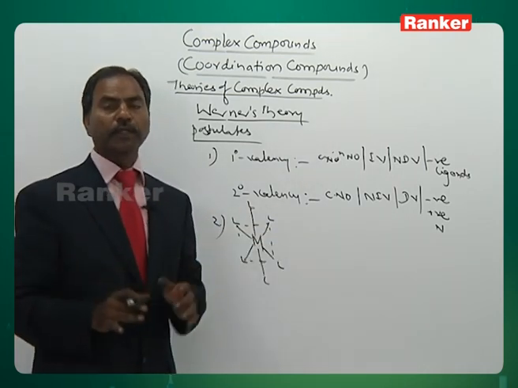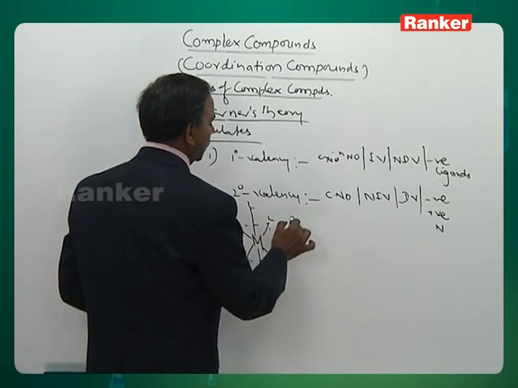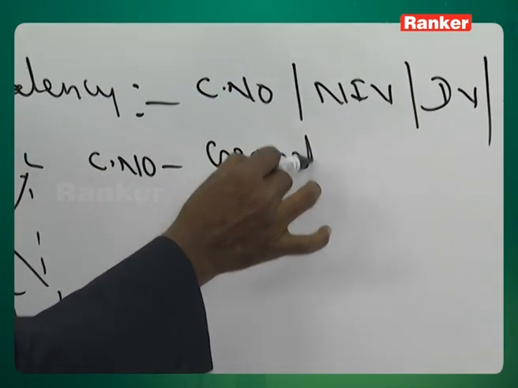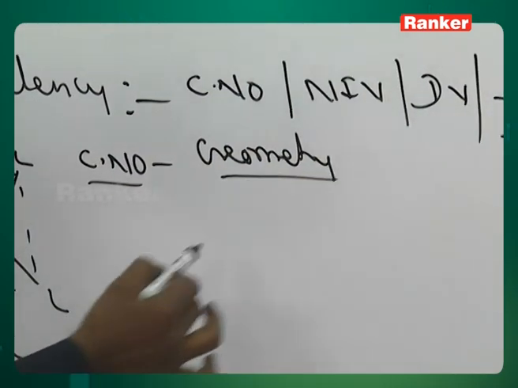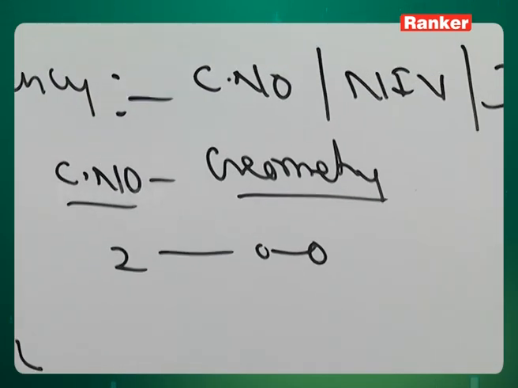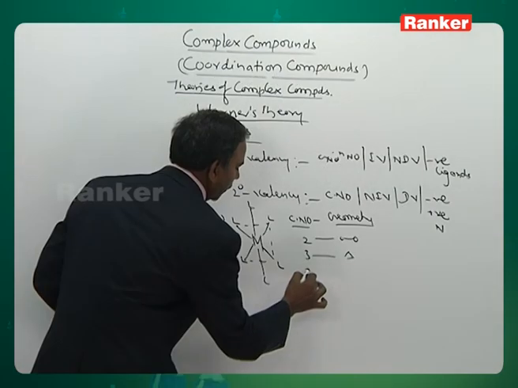Based on the coordination number, you can say the geometry of the complex. Coordination number 2, the geometry will be linear. Coordination number 3, trigonal planar, well known to you.